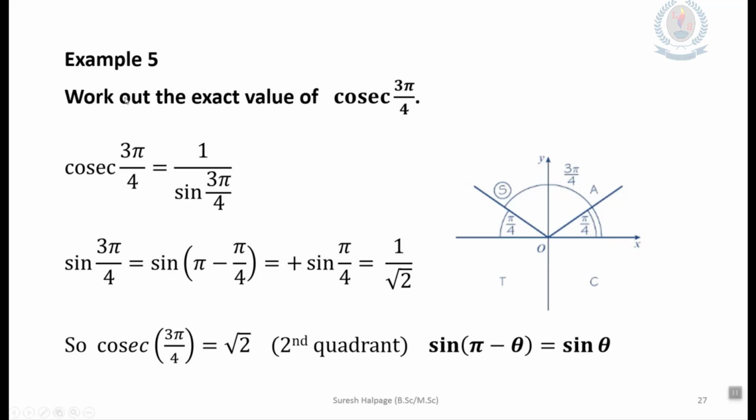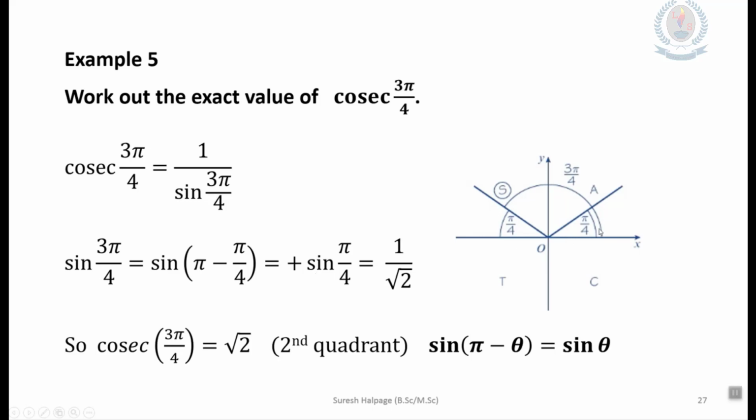Example 5. Work out the exact value of cosec 3 pi divided by 4. Start from here. 3 pi divided by 4 is in the second quadrant. Cosec theta is equal to 1 over sin theta.